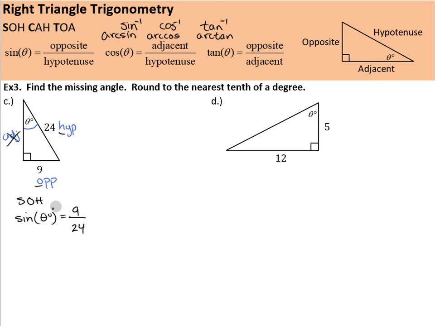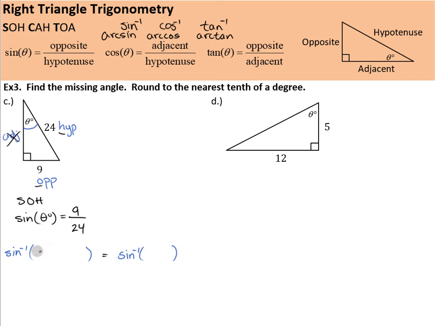Now note that our angle is locked inside this sine function. Well, how do we get to cancel out sine? We need an inverse sine. And so guess what we're going to do to both sides of the equation? We're going to take the inverse sine of both sides. So that would look like this.